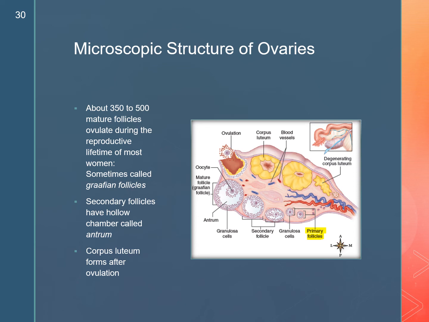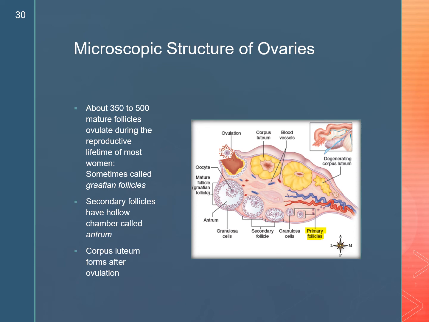Okay, and during the life of a female, approximately 350 to 500 follicles develop into mature follicles, and eventually they rupture out of the ovary, and this process is called ovulation.